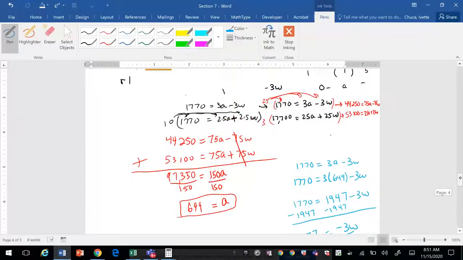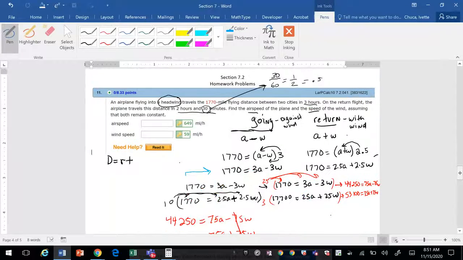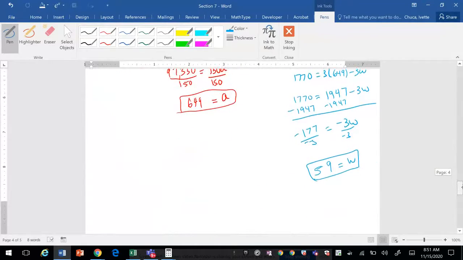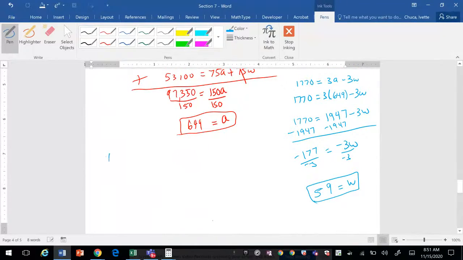Okay, so what does this mean? Since it's a word problem, we want to kind of write a sentence here. So we can say that the airspeed of the plane is 649 and the wind speed is 59.